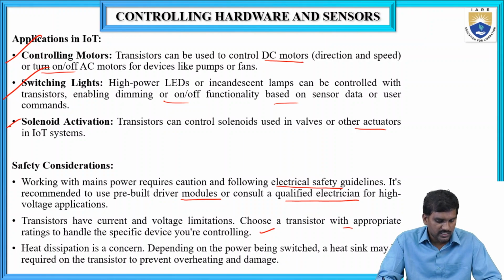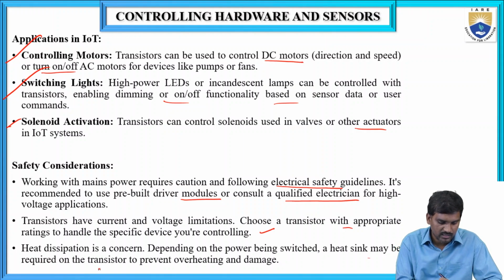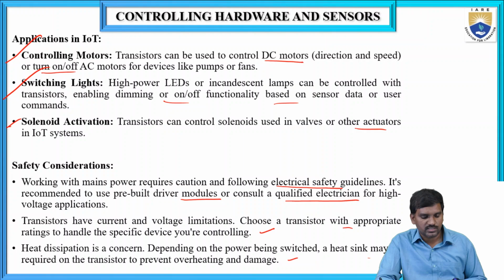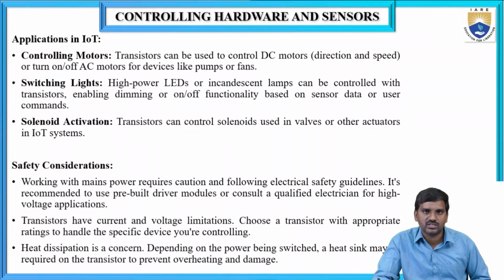The last one, heat dissipation is a concern. Depending on the power being switched, a heat sink may be required on the transistor to prevent overheating and damage. That is an important factor in maintaining the transistor. So these are some safety considerations when using high power switching devices.